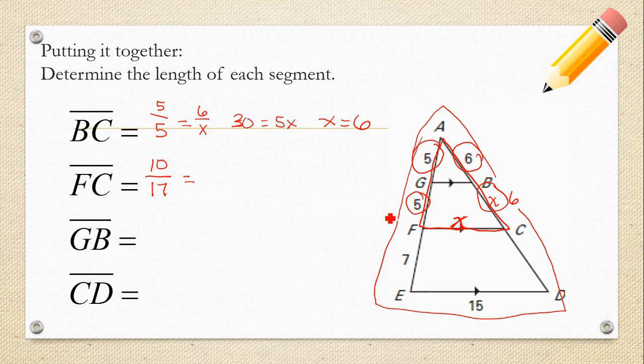Just like, now let's go, the bottom of my little red triangle is x, just like the bottom of my bigger red triangle is 15. And if we go ahead and cross multiply, I'd get 17x equals 150. So I take 150 divided by 17, and I'd end up with 8.8.